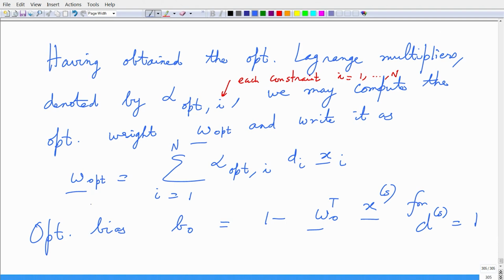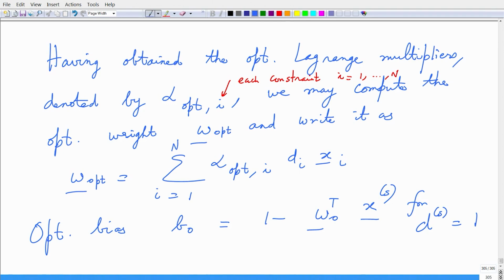So, the optimum weight is basically summation i equals 1 to n this Lagrange multiplier times di times xi, because I just plug in alpha OPT in condition 1. Remember W optimum is summation i equals 1 to n alpha i times di times xi, that is how I landed up.